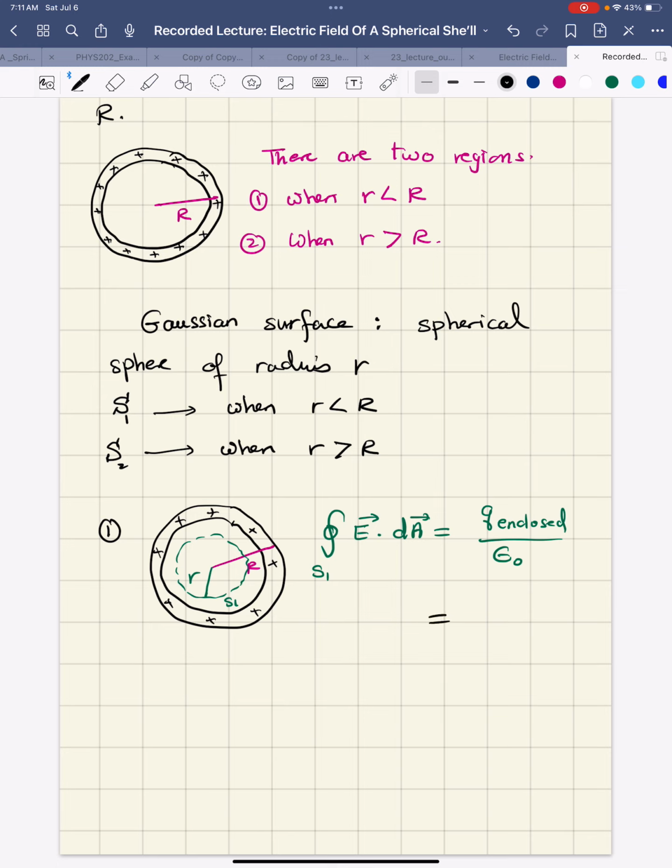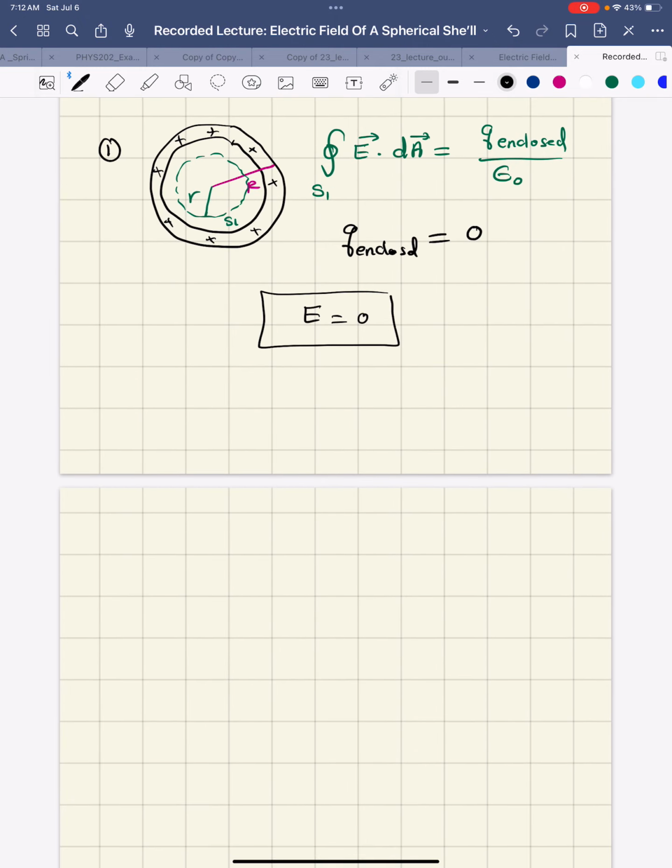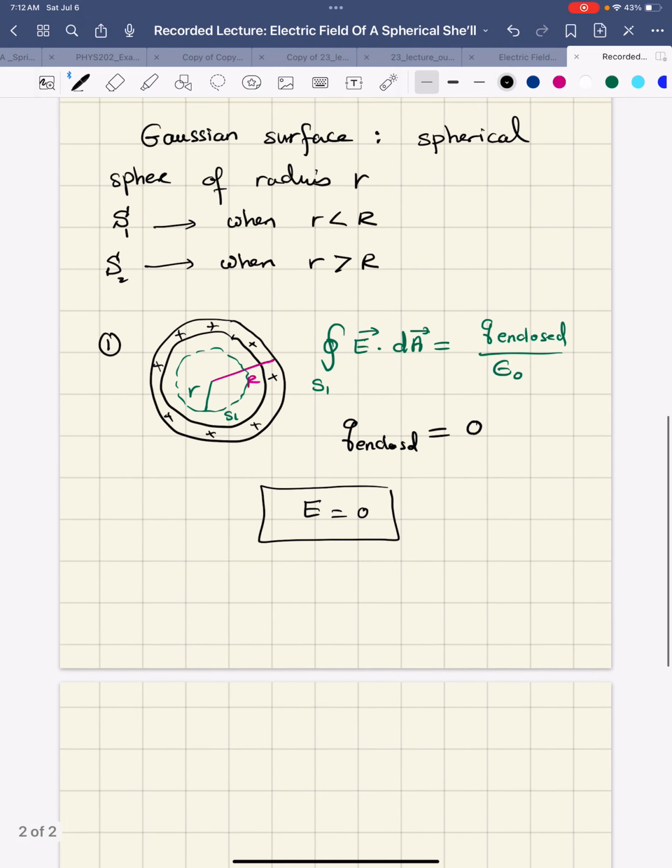Then I'm going to have 0 for Q enclosed, and therefore E equals 0.